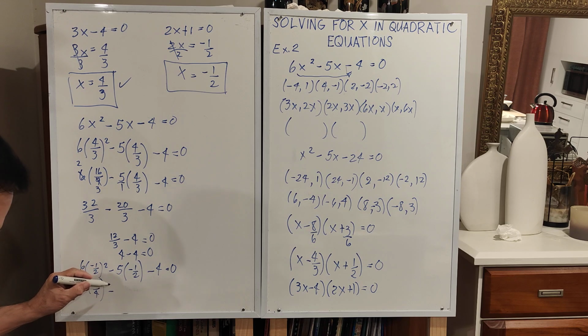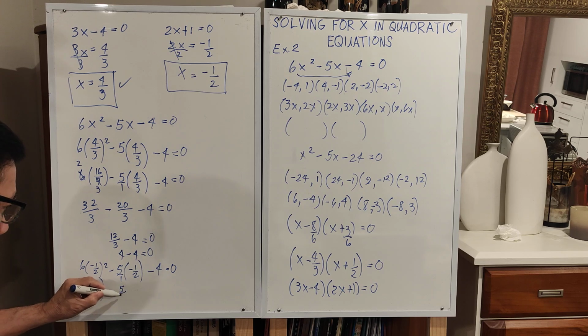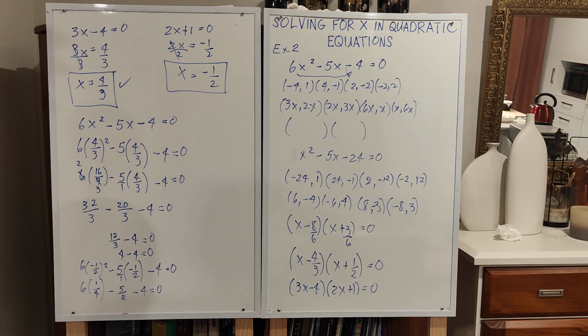Now here, we put denominator. So negative 5 times negative 1 is 5 over 2 minus 4 is equal to 0. So 6, we multiply this one again.